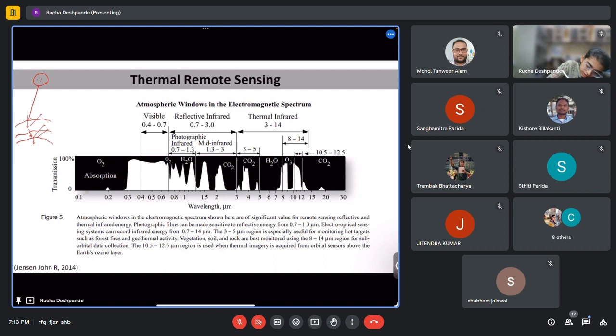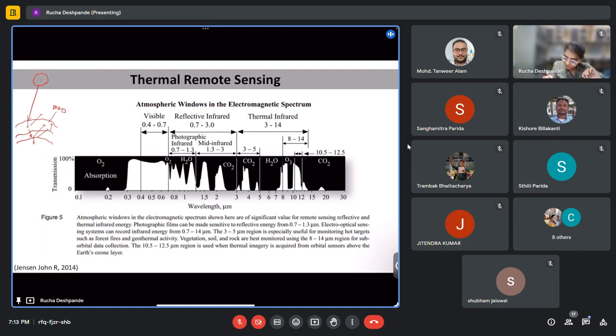And then from this, whatever the remaining energy which is not trapped by the atmosphere, it will reach the sensor. Right. So here we need the atmospheric windows for this emitted energy to be able to reach the sensors.